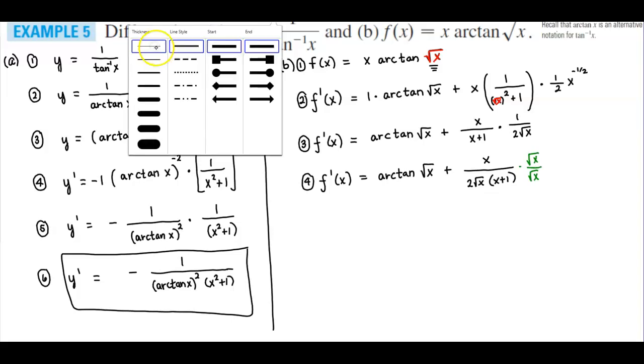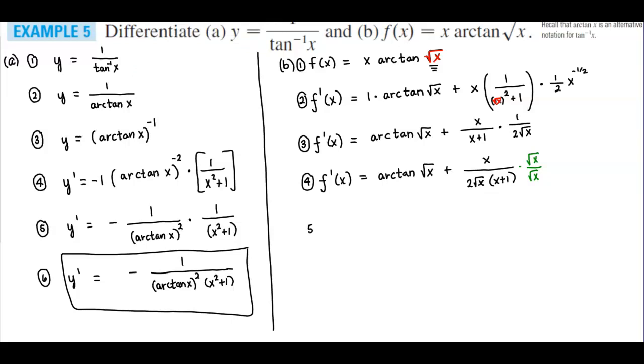And so by doing so, then in step 5, we get the arctangent of the square root of x plus x times the square root of x over 2 times the square root of x times the square root of x is going to give us x times x plus 1, which then allows us to simplify the x's.